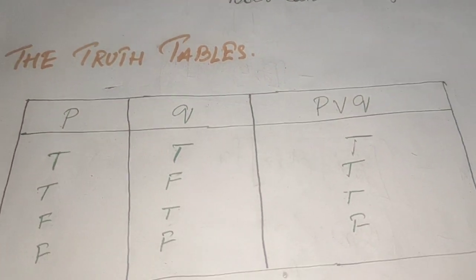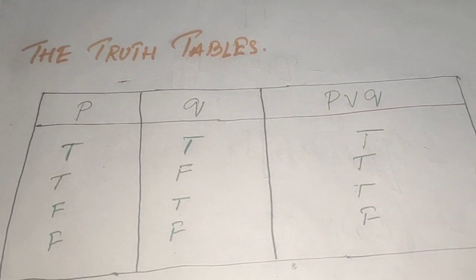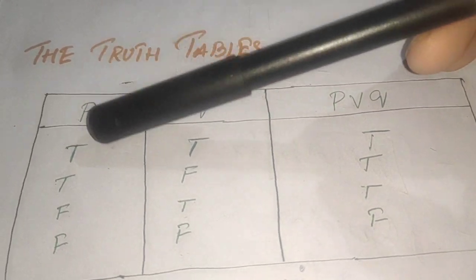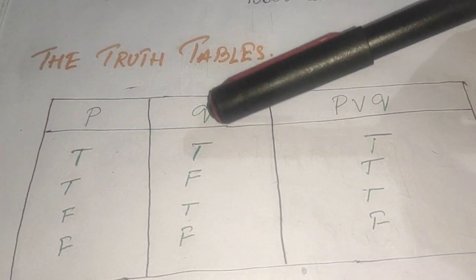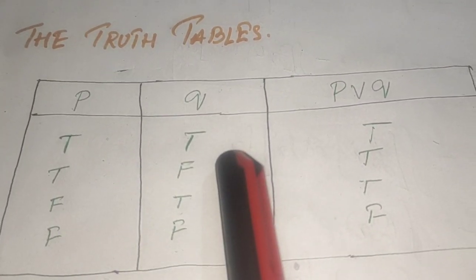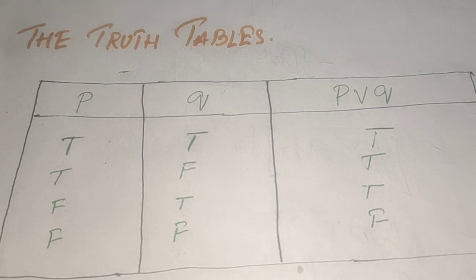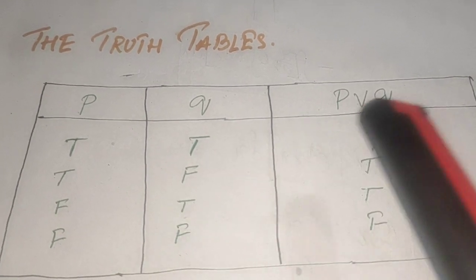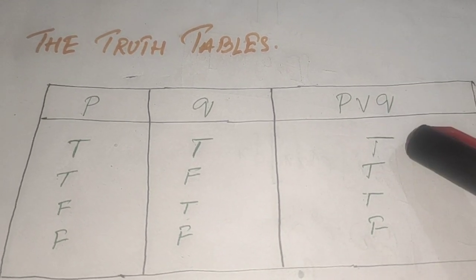The truth table. In case of the truth table with the connective or, suppose P is a statement which is true and Q is another statement which is also true. In that case, if P is true, Q true, then P or Q is true. If P true and Q false, meaning either of these is true, then also P or Q is true.